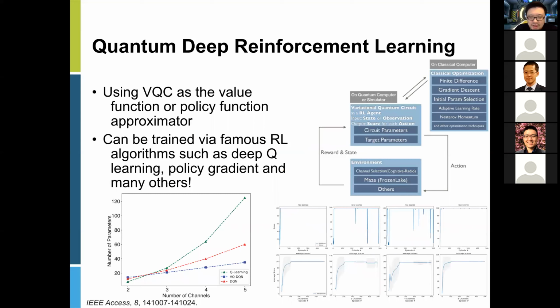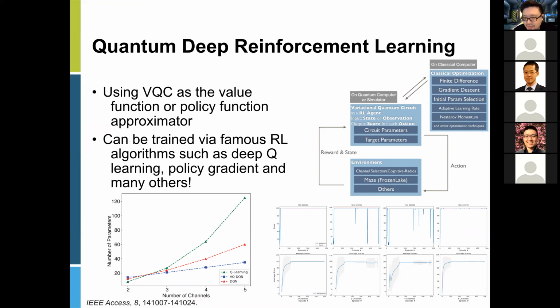Then, since we can use the VQC as the function approximation, one of the interesting applications is putting such VQCs in to learn the value or the policy function of a reinforcement learning problem. Reinforcement learning is an agent that interacts with the environment to learn a decision-making policy.